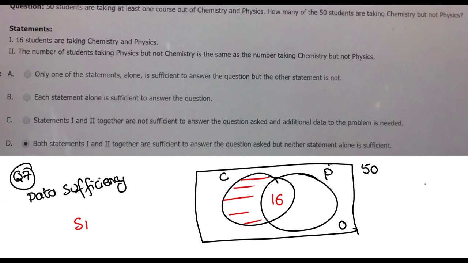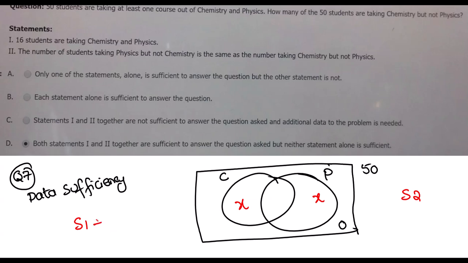Statement 2: the number of students taking physics but not chemistry is the same as the number taking chemistry but not physics. Two alone is also a problem, because if two alone is there, this and this are the same. If I don't know what this is, I cannot calculate.